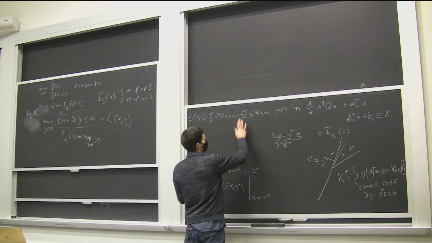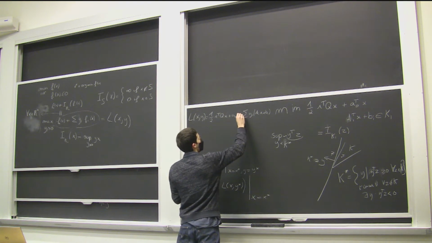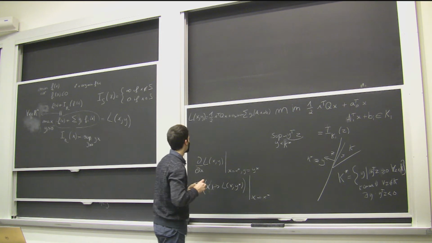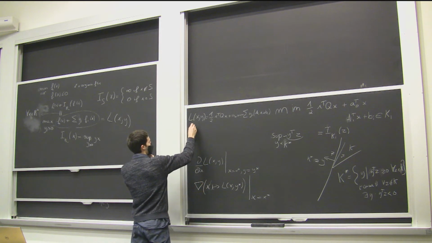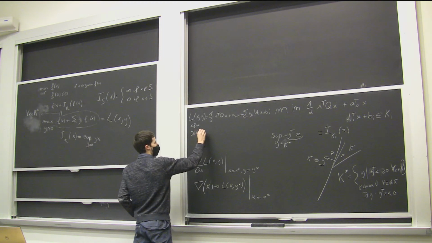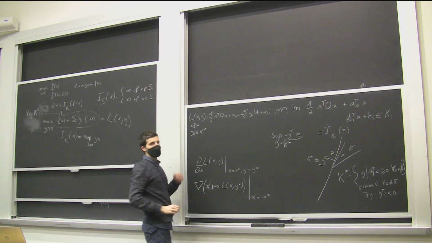So here what we have is this. In the domain, x is free, and y_i should belong to the dual cone.